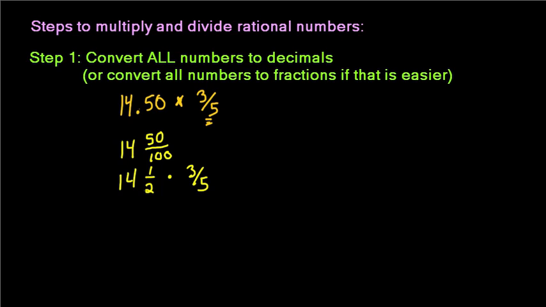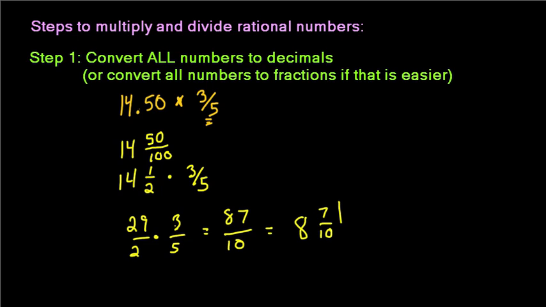But I would have to convert this mixed number to an improper fraction, which would be 29/2 times 3/5. 29 times 3 is 87, over 10. And then I would have to convert that back to a mixed number, which would be 8 and 7/10. Okay, that would give me the answer. That's one version of doing it. The way we worked it out below is we converted it to a decimal.